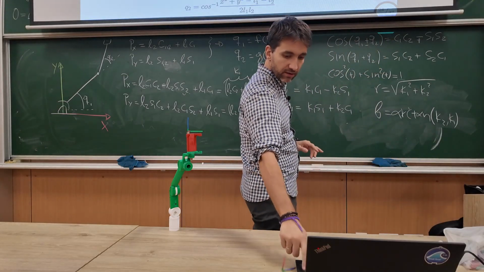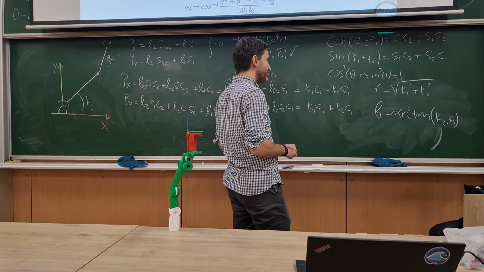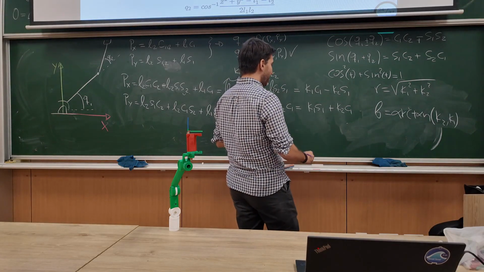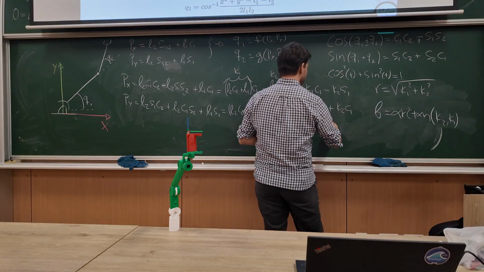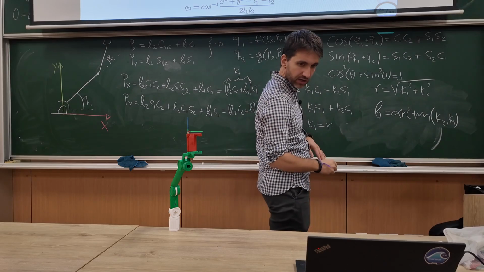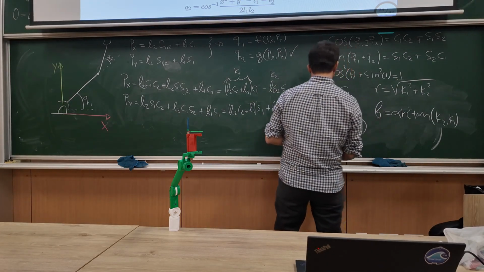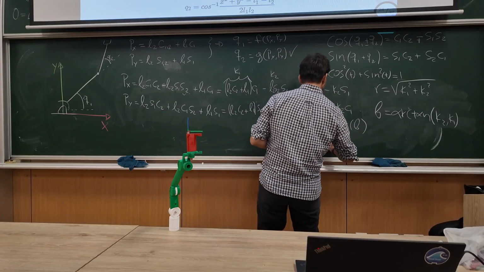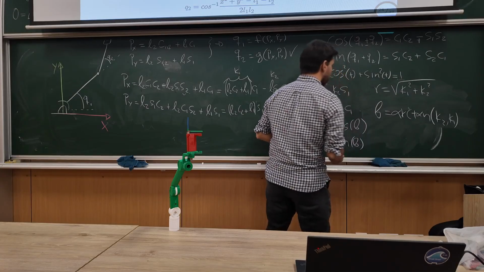If I write this, let me consult my notes because it's tough to remember this by heart. I can say basically that kappa 1 is equal to r cosine of theta, and kappa 2 is r sine of theta.